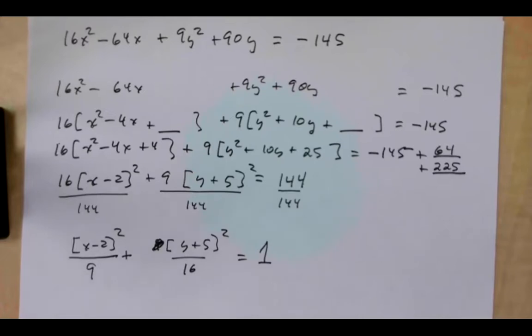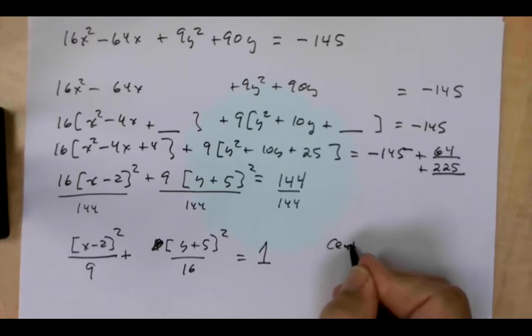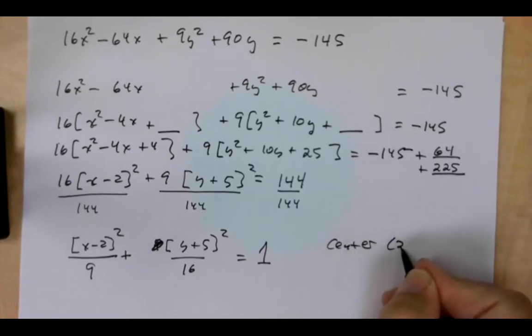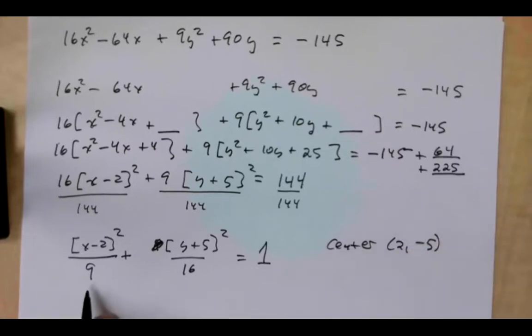So you will notice at this point, what do we have? We have a conic section. We have a situation where the center is (2, -5). The span in x is 3. So I'm going to have 4 vertices.